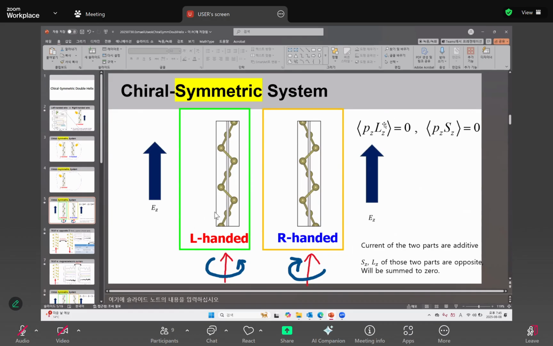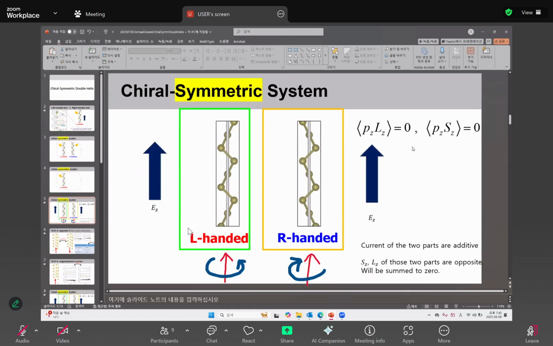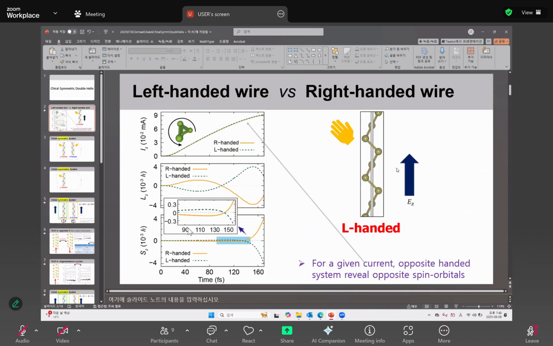Okay, first, Esmaeil and Abo, can you answer this: for this chiral asymmetric system, single wire, where we also calculate the current, orbital, and spin, if you calculate the helicity, does the helicity remain zero or non-zero along this time profile? How do you guess?